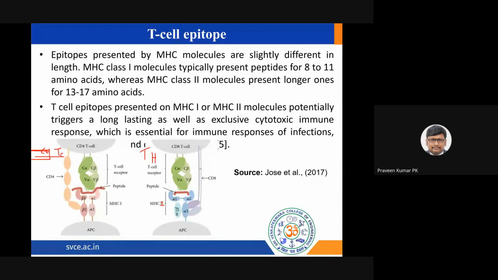Only if it interacts with CD28 of T cell, then only the T cell gets activated. But instead of the CD80 or 86 of a dendritic cell or antigen presenting cell, if it interacts with CTLA4, cytotoxic lymphocyte antigen 4, then it's going to suppress the T cell. It won't activate the T cell, but it's going to suppress. So the suppression is needed in terms of autoimmune diseases.